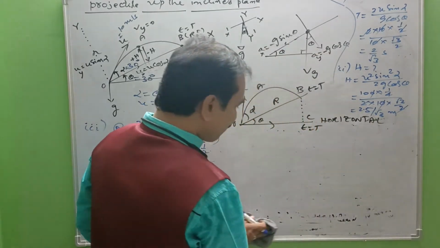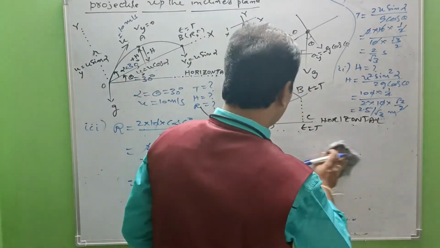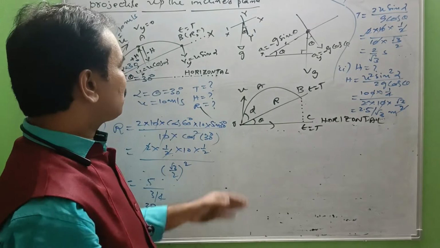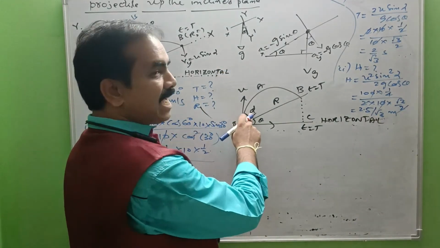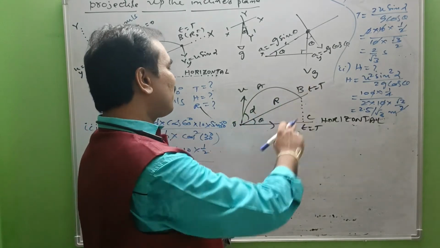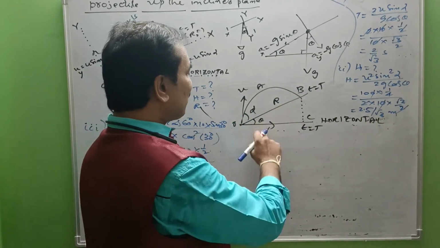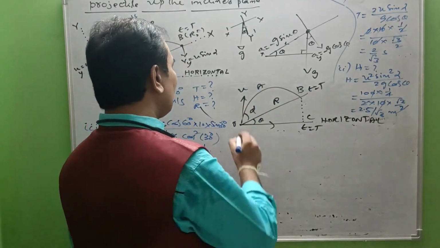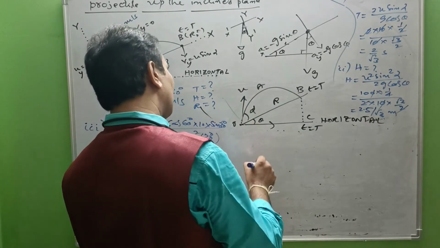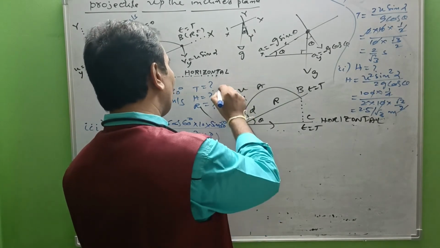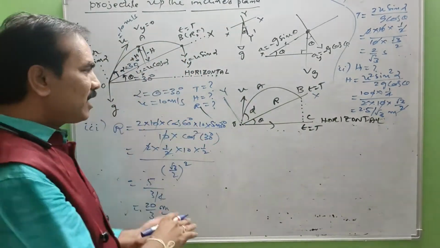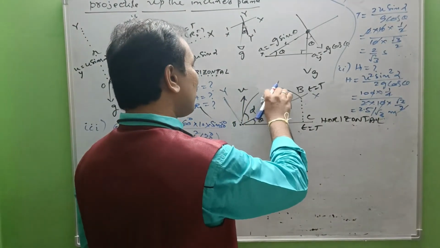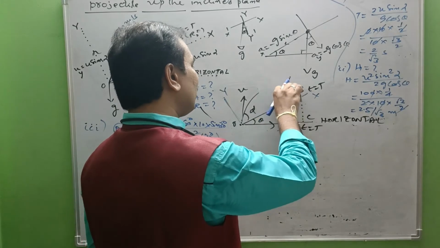The inclined plane makes an angle theta with the horizontal. The usual notation: u is the velocity of projection, alpha is the angle made by the initial velocity with the inclined plane, and theta is the angle made by the inclined plane with the horizontal. Right? This is the y-axis, this is the x-axis. Am I right? Suppose your body strikes the inclined plane normally.